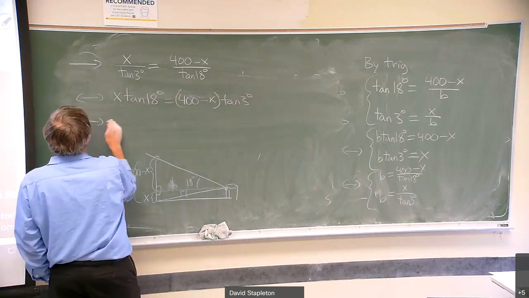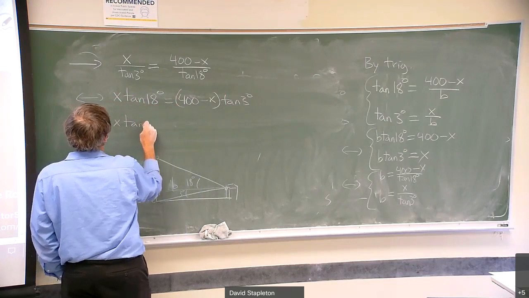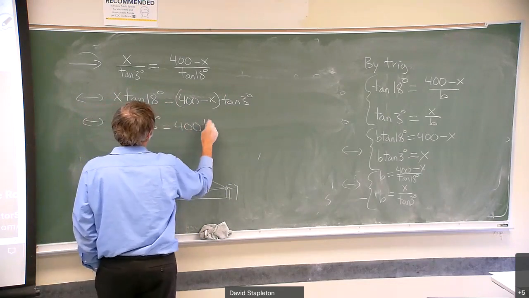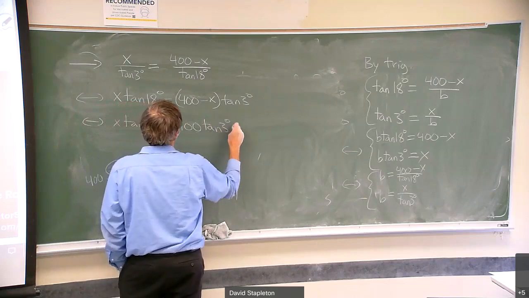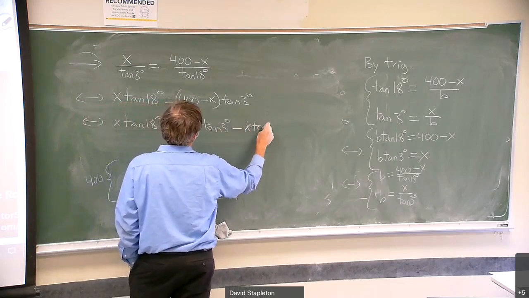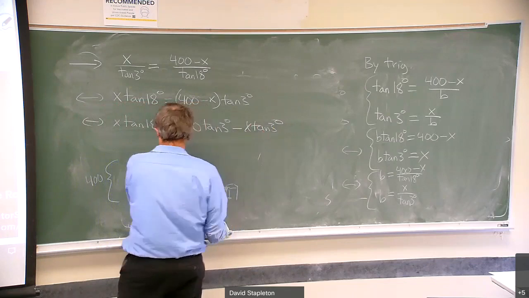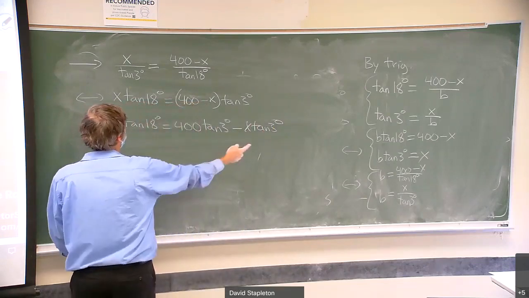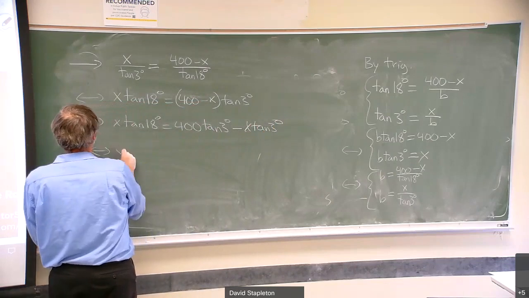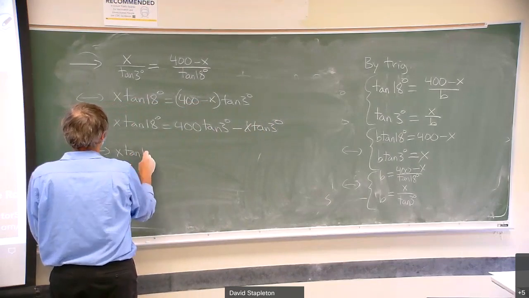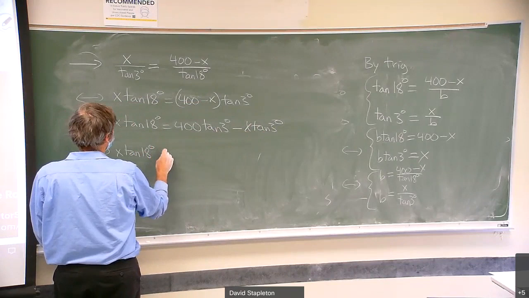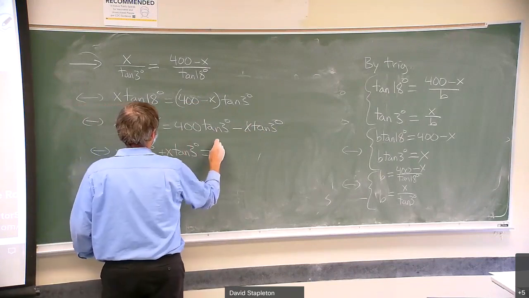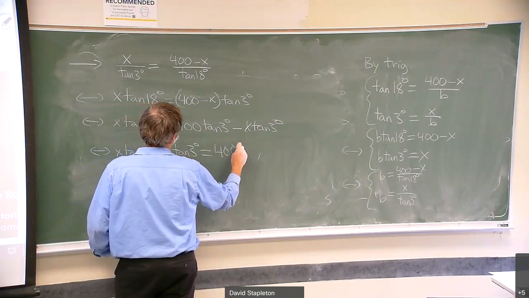I can multiply them out and get x tangent 18 degrees equals 400 tangent 3 degrees minus x tangent 3 degrees, and I can group like terms. So let's add this one over here and get x tangent 18 plus x tangent 3 equals 400 tangent 3.